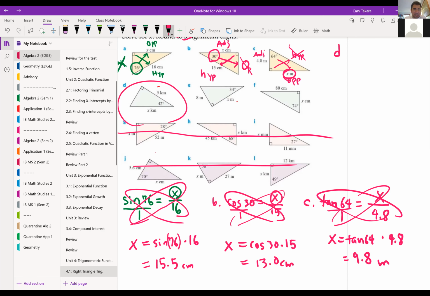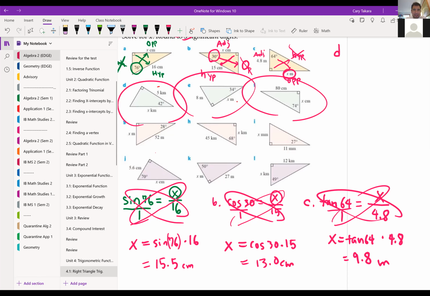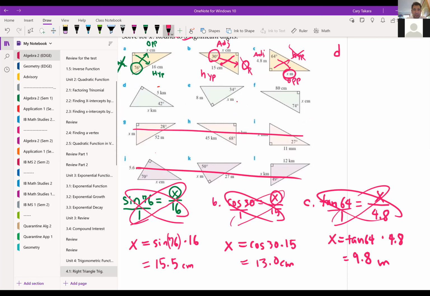We're doing D, E, and F, and we've done A, B, C. If you've done 6 problems, you've done your fair share for today. But I wanted to do the ones that have x in the denominator, which is going to be this one.